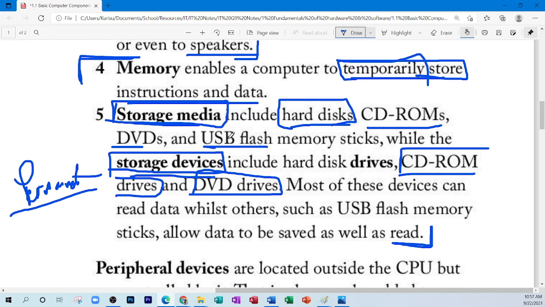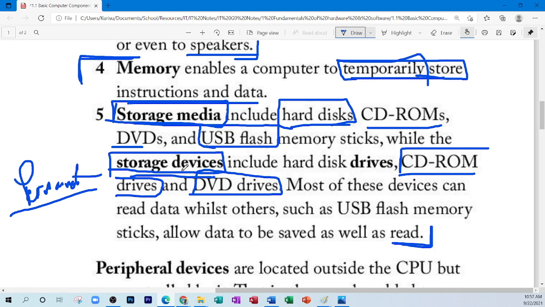But with some of these, you do not necessarily see the storage device. For example, a flash drive. We have a bunch of USB ports, and the hard drive is just plugging in a cable. It's not like the CD-ROM and the DVD-ROM where we have an entire device that we have to put the disk inside of. The USB and the hard disk are just plugging into a certain port and you get that connection.